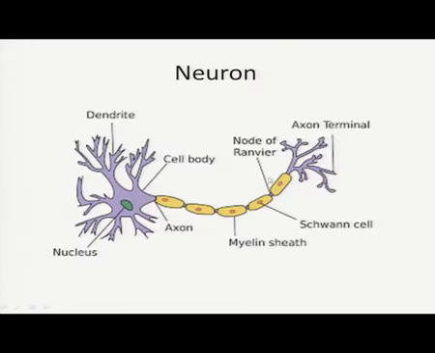Here you can see the structure of a neuron. What is a neuron? It is the unit of a nervous tissue. So, it is known as nervous cell. So, nervous cell is otherwise known as neuron. And you can see the diagram of the neuron here with the different parts.